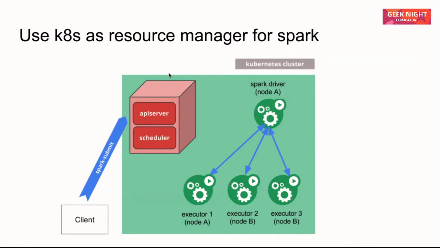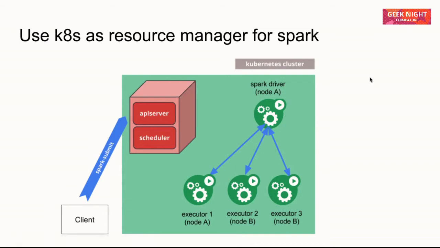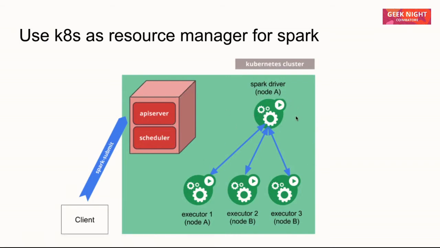So in this figure, the Spark submit is happening from outside the Kubernetes cluster, but it can happen from inside the Kubernetes cluster as well, from some other pod. Irrespective of that, whenever a Spark submit happens, all these things are spun up only at that moment.